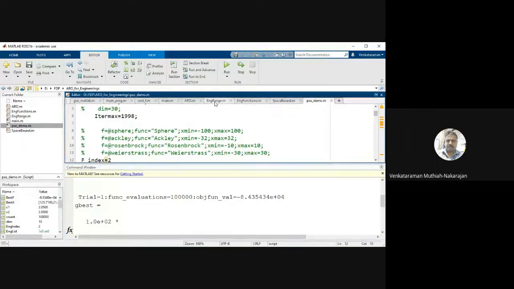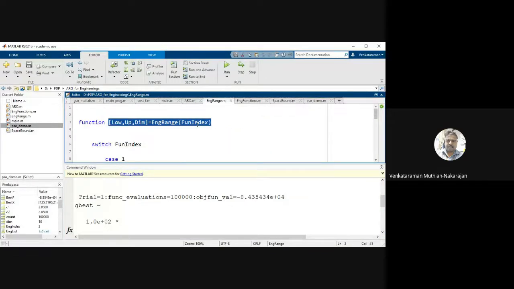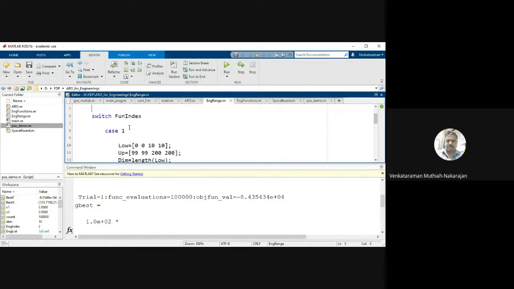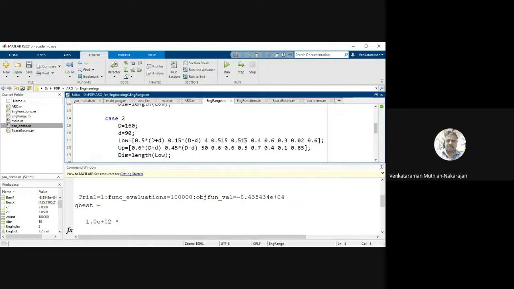You look into these subroutines, and they tell you the range of the dimension, the lower limit and the upper limit for x, and how many dimensions the problem has. In the case of 1, it has a 4-dimension problem. In the case of 2, it has around 160 dimensions.